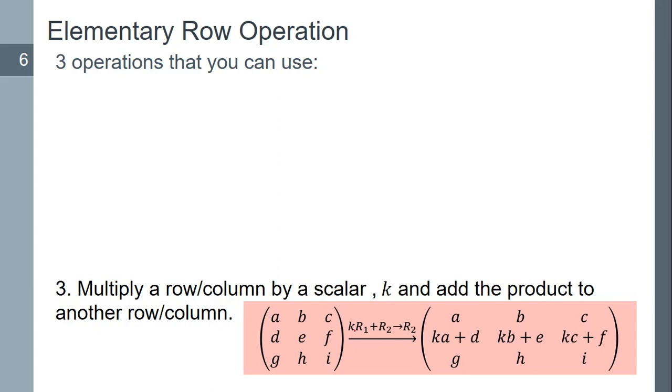We say you are multiplying your row 1 with a scalar k, adding it to your row 2, and replacing your row 2 with the result. Remember that row 1 is untouched, and you always add someone to the row you are replacing. So this is the third row operation.